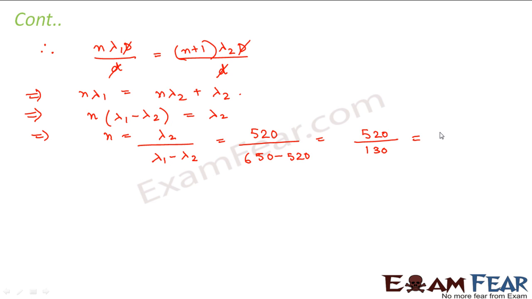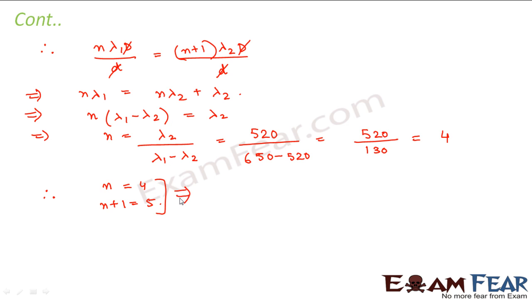So this comes out to be 4. Therefore, n is equal to 4, n plus 1 is equal to 5.